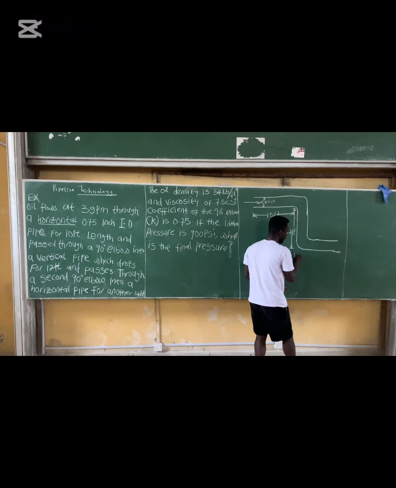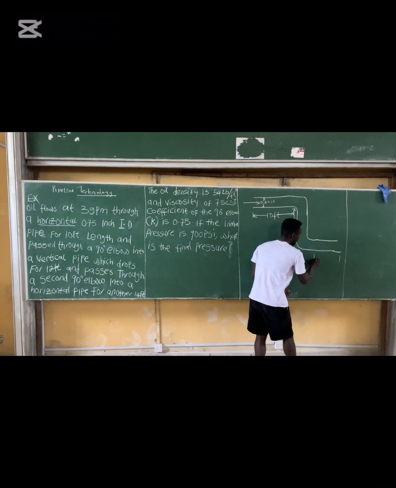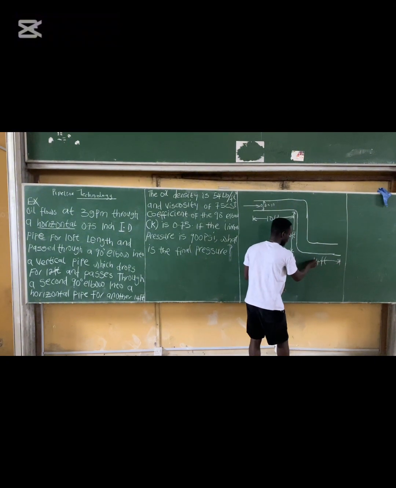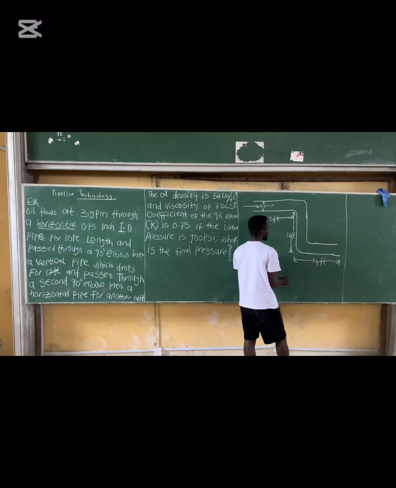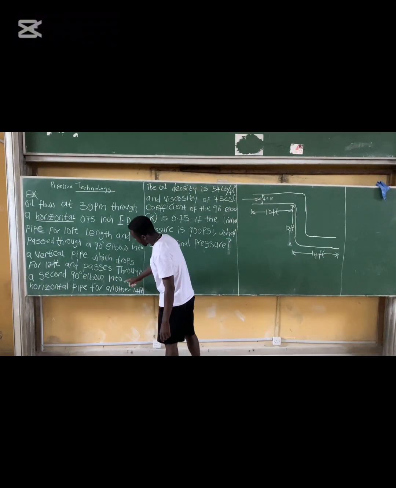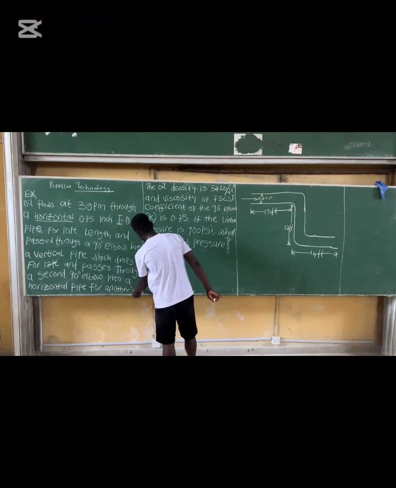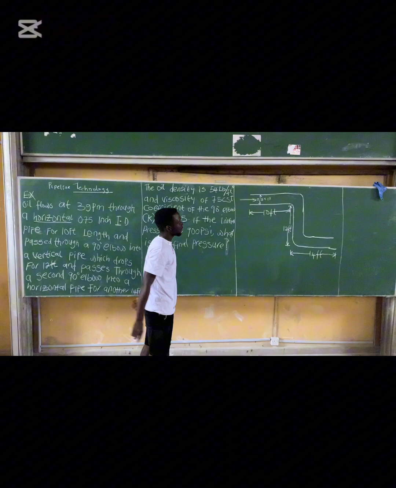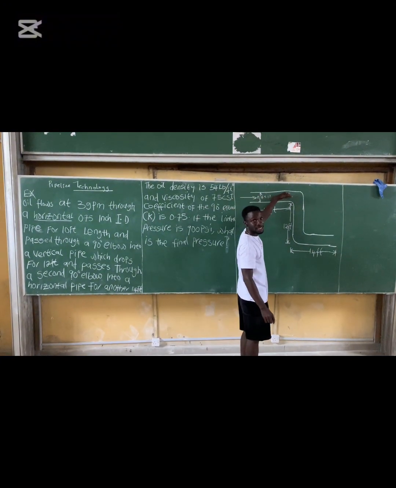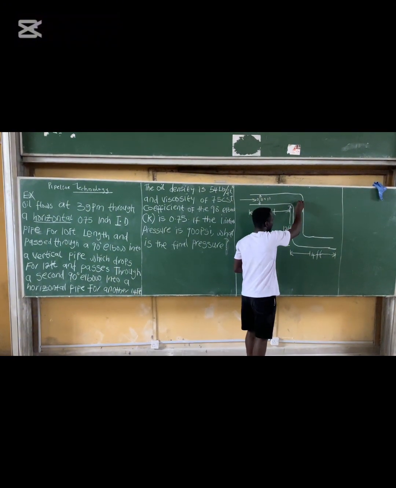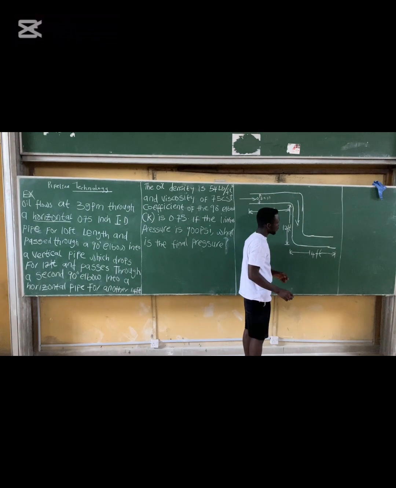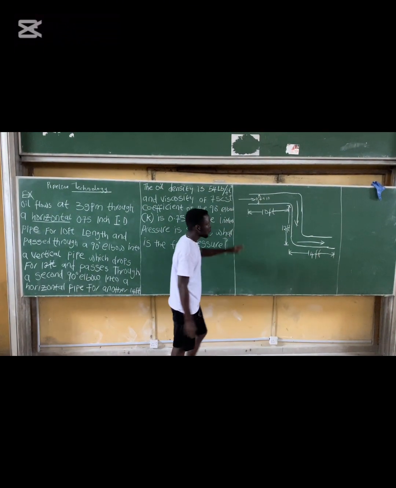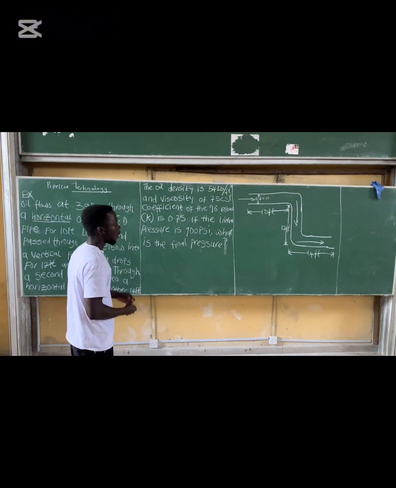So the distance from here to here is 14 feet. Now the oil density is this and viscosity is this. That means the oil is flowing through the horizontal pipe, then continuing in this process, then flows towards this direction. So this becomes the analysis of this question.